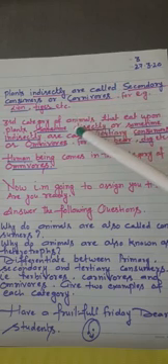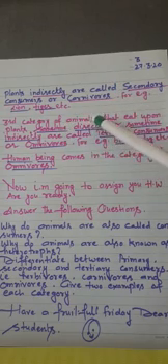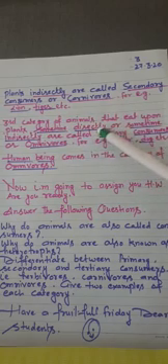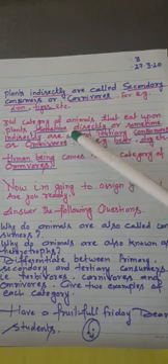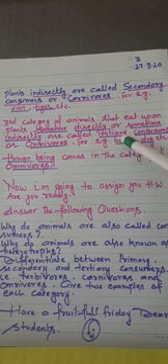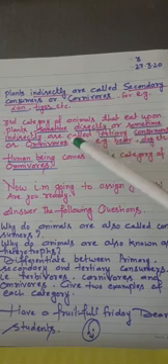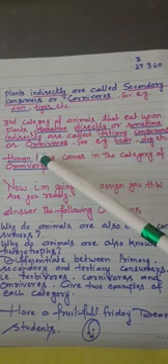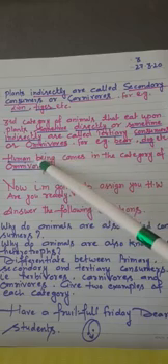Now come to the third category. The third category of animals that eat plants, sometimes directly or sometimes indirectly, are called tertiary consumers or omnivores. For example, bear and dog. I want to explain this category through the example of human beings.